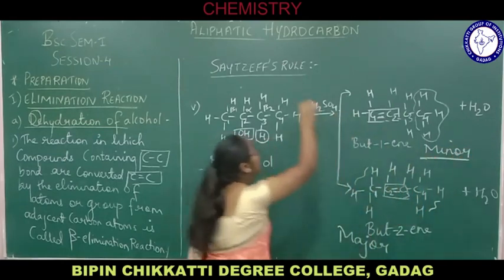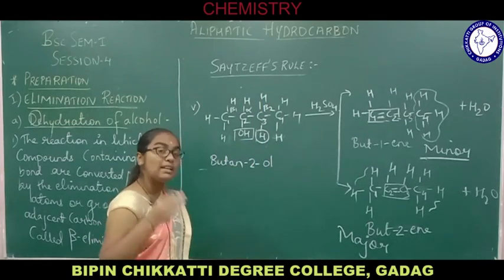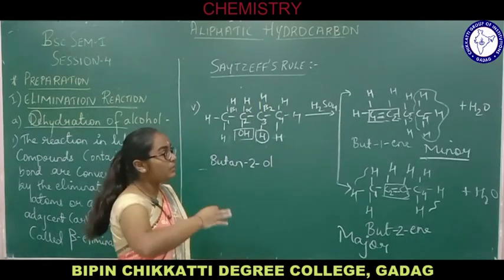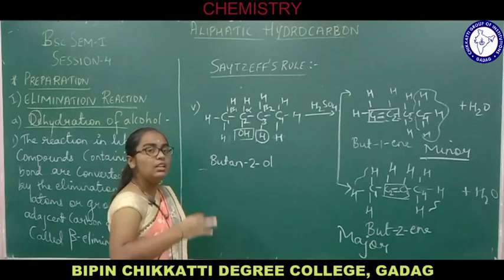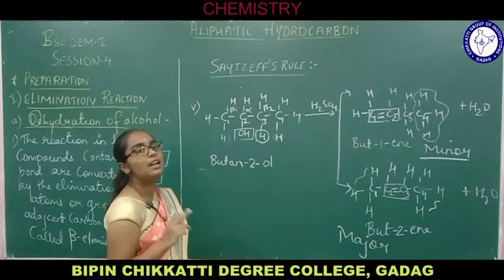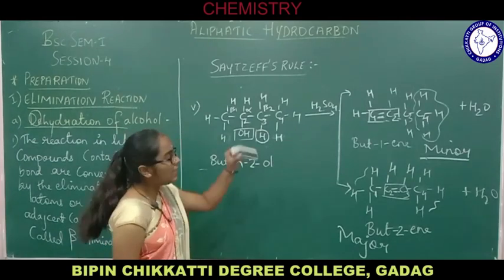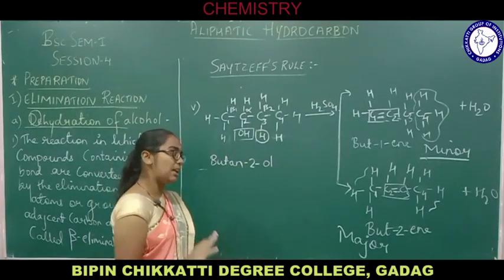that is decided by whom? Saytzeff rule, which says that for the alkene formed by the elimination reaction, the carbon-carbon double bond, if that product possesses a larger number of alkyl groups, then that particular product is considered to be the major product, and the remaining one will be considered the minor product.